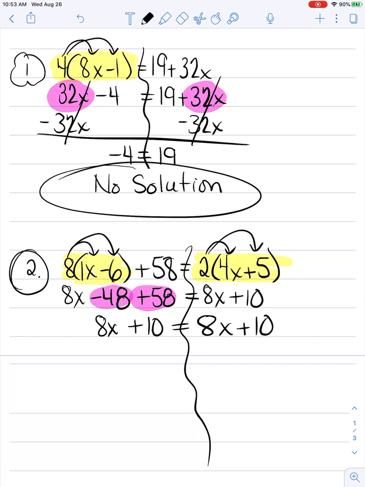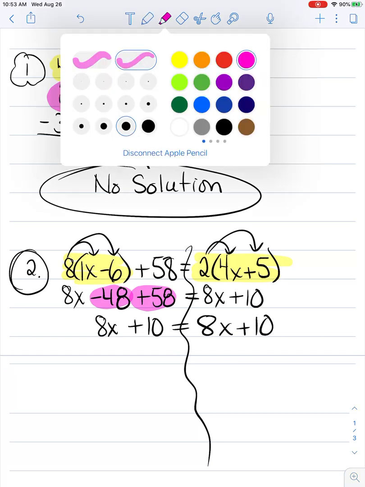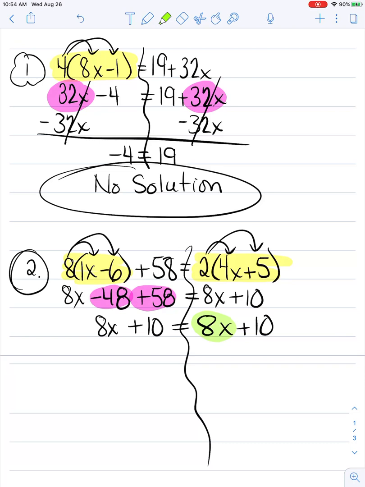I notice the same expression on both sides, but I want you to see what happens when we work as far as we can work. Next, I'm going to isolate the variable. I'm going to subtract 8x from both sides. It cancels on both sides, and I'm left with 10 equals 10.